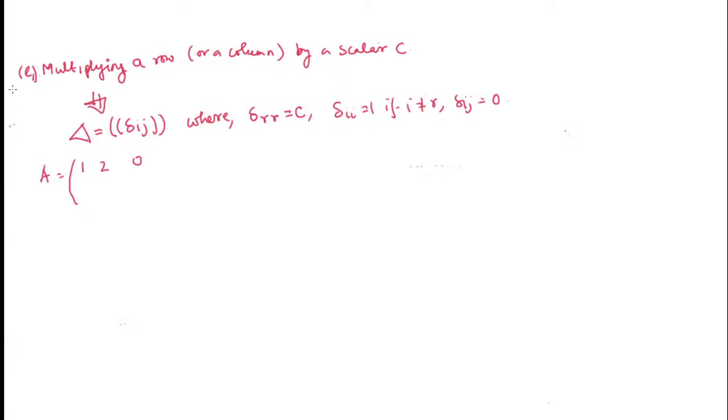So suppose A is a 3 cross 3 matrix whose elements are a11, a12, a13, a21, a22, a23, a31, a32, a33, and I want to multiply the second row of the matrix by C. This is the operation.